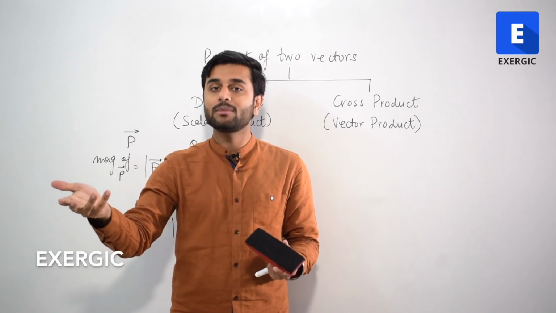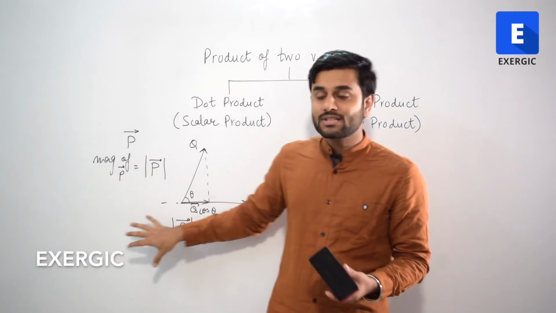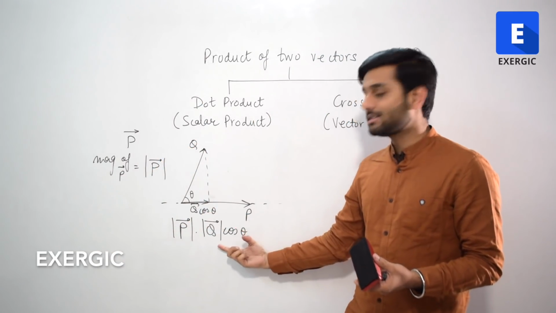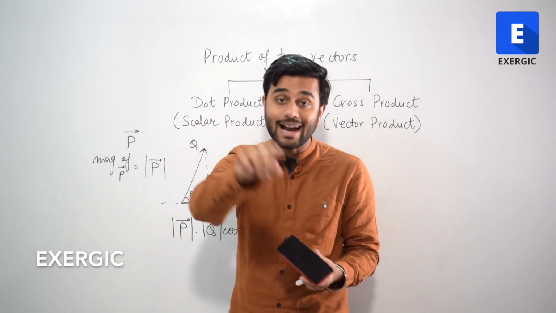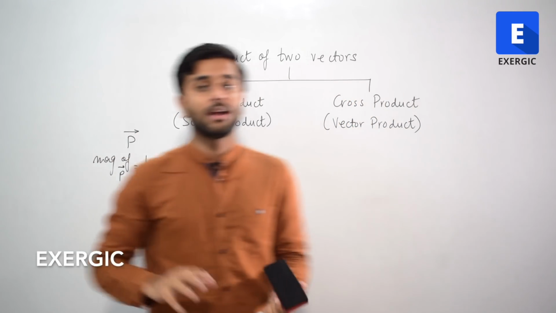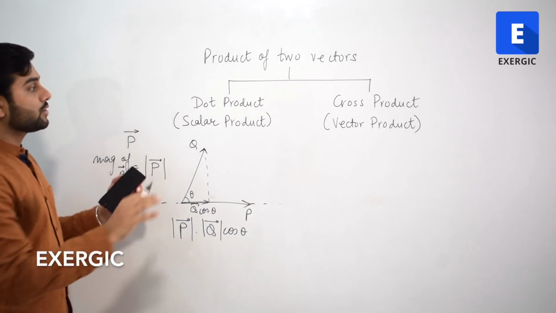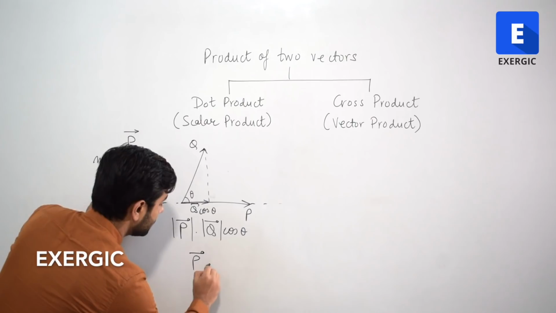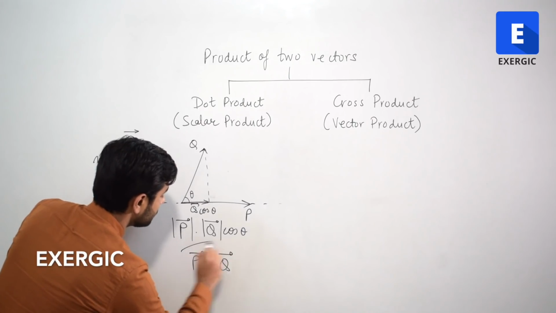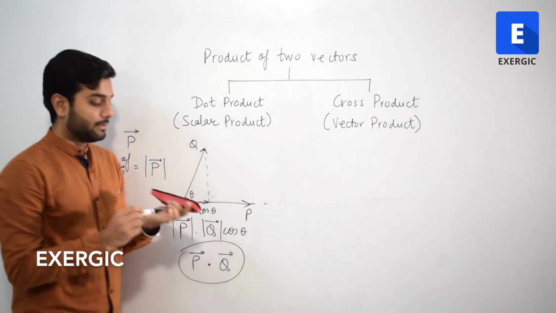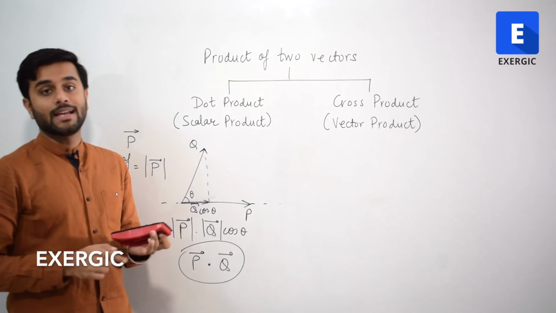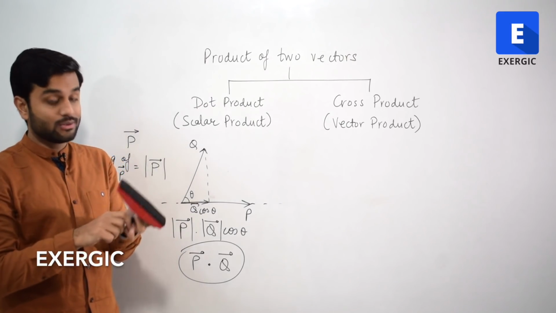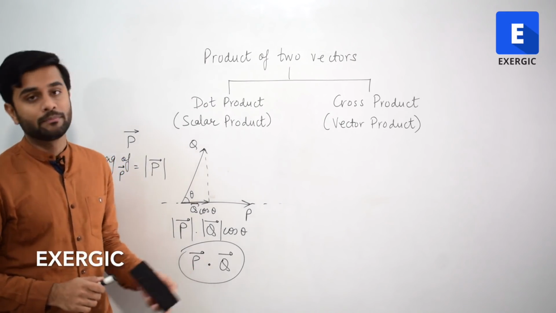Obviously two vectors are being multiplied, but in this fashion, you are taking one's component in the other's direction and then you are multiplying them. That product is called the dot product. And why is it called the dot product? Because when you are representing it, it is represented by P dot Q. That is why it is called the dot product, because you can actually see that there is a dot between them, right?